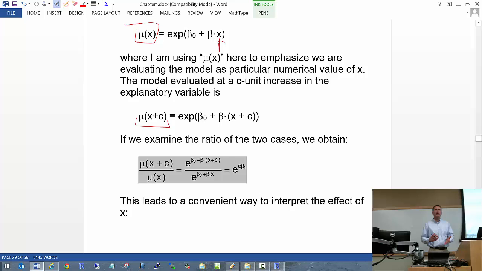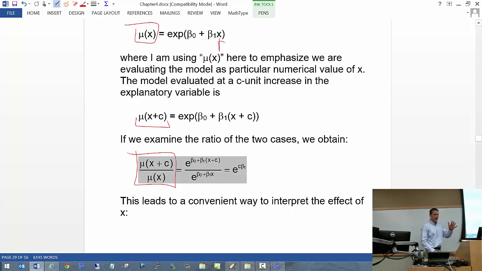And what did we do in the odds ratio section? Well, we found two odds of a success: an odds of a success at x plus c, and odds of success at x. And we divided the two. We found a ratio. We're going to do the same thing here now, but for means. So here's my ratio of my two means.